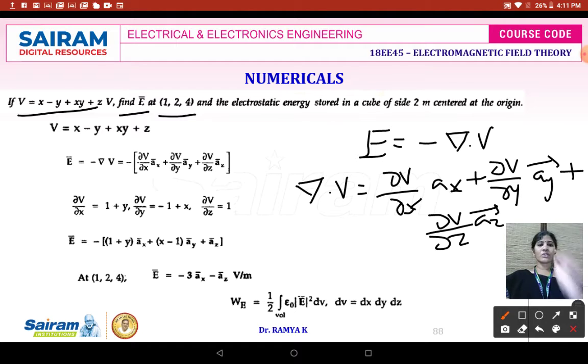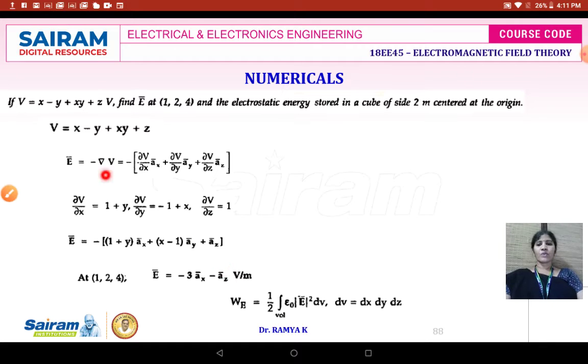Now differentiating this V with respect to x, y, z: with respect to x, if we differentiate we will get 1 plus y. With respect to y we will get minus 1 plus x. With respect to z it is equal to 1.